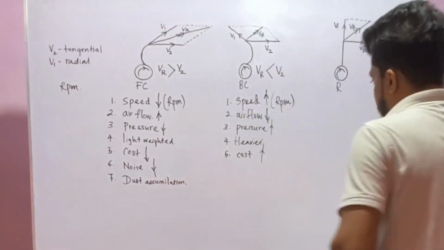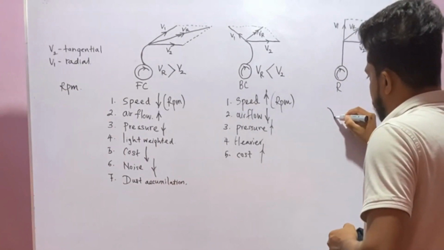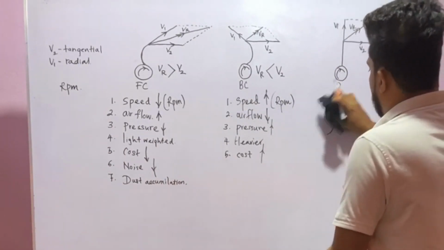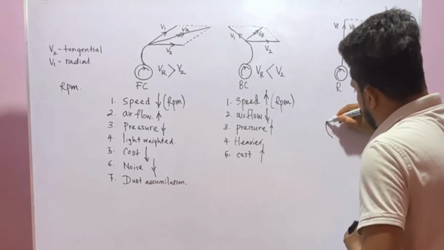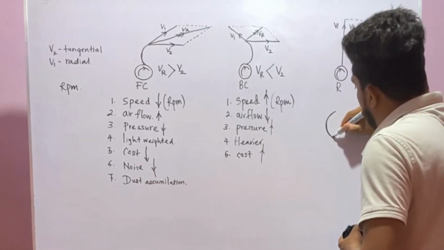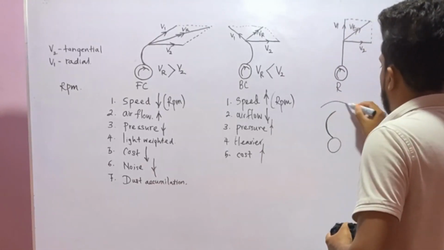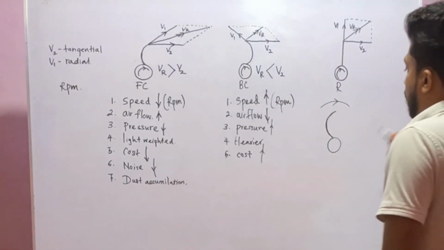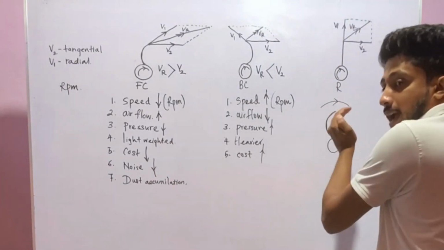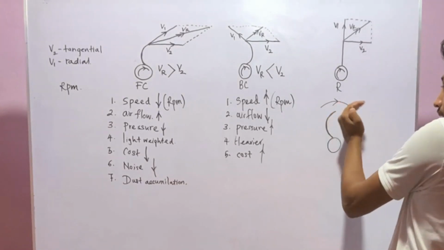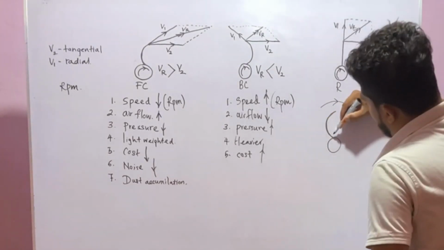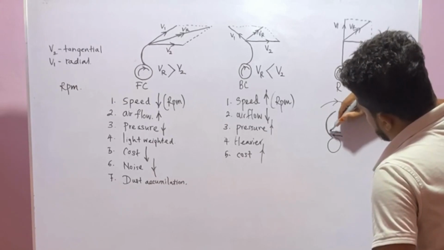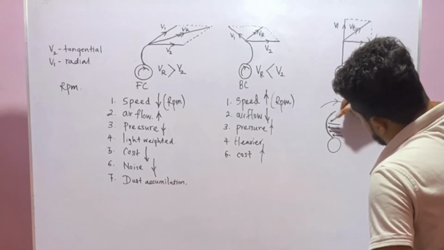Okay, due to this curvature, let's say this is a forward curve fan rotating in this direction. If this fan impeller rotates in this direction, air hits on this impeller like this.